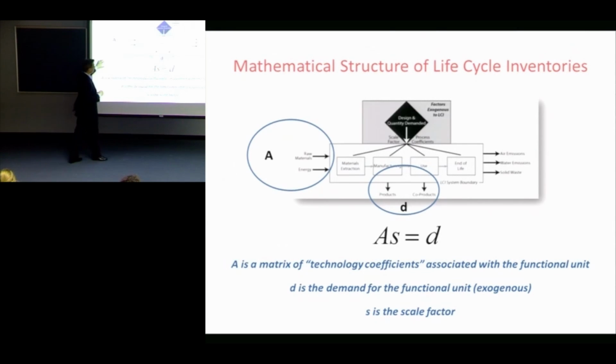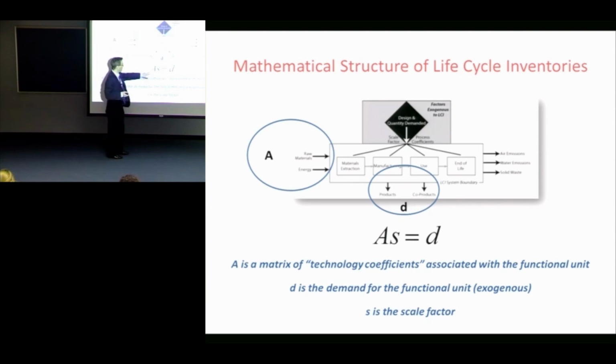And if we now try to represent mathematically what's happening here, we can use matrix notation and take the demand, which is exogenous. We've got 10 products we need. Okay. And if we need 10 products, and each product uses a kilogram of steel, well, then we're going to need 10 kilograms of steel, right?